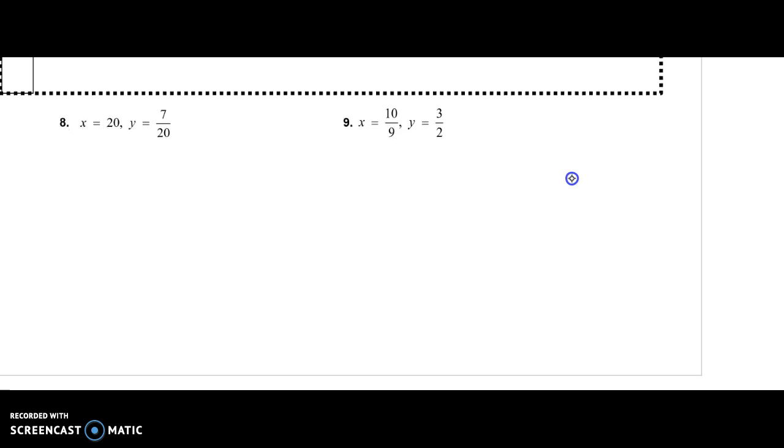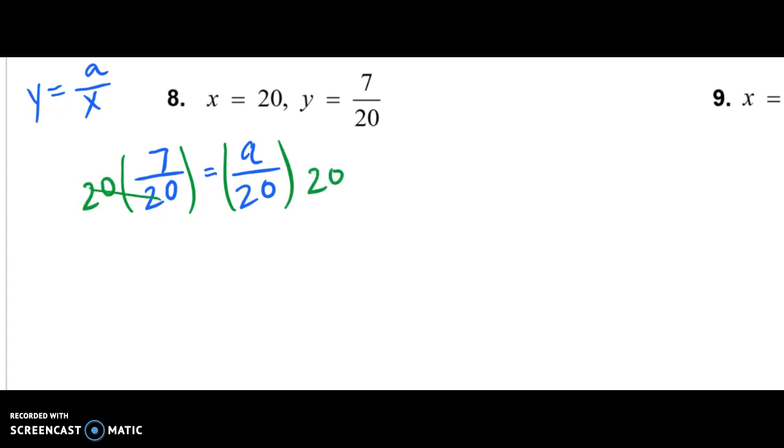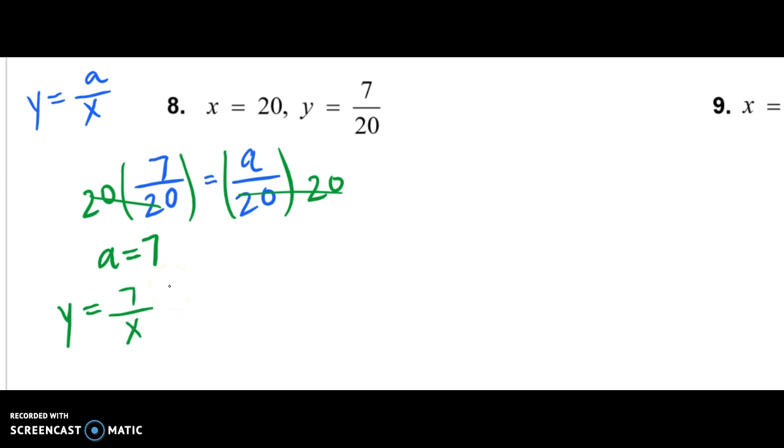So using the equation for inverse variation, let's plug into our equation. Y is 7 divided by 20. We don't know what a is, and x equals 20. So let's solve for a. We need to multiply 20 by both sides. The 20s are going to cancel out. We get a equals 7. Now that we know that a equals 7, we can plug a into our original equation.